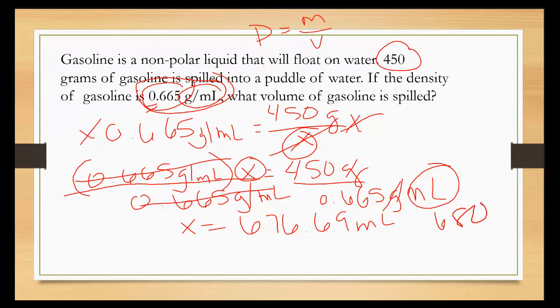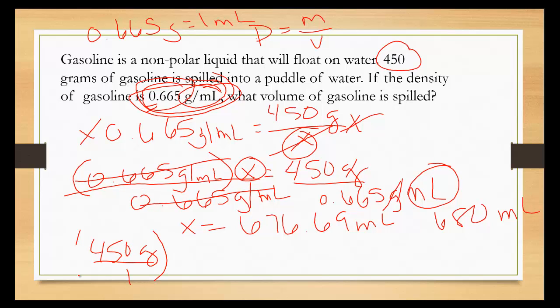Once again, I could have done this as a conversion factor by saying 0.665 grams is equal to 1 milliliter, by using the density here. 450 grams. Grams are on top, so that means I want grams on the bottom.